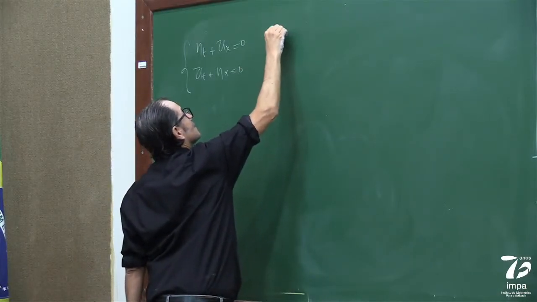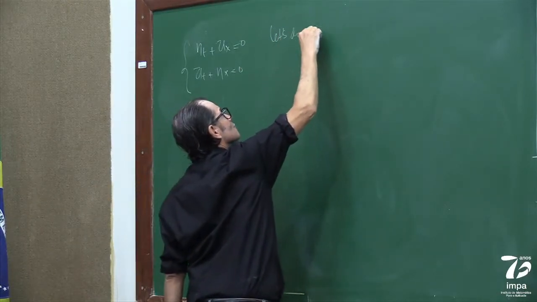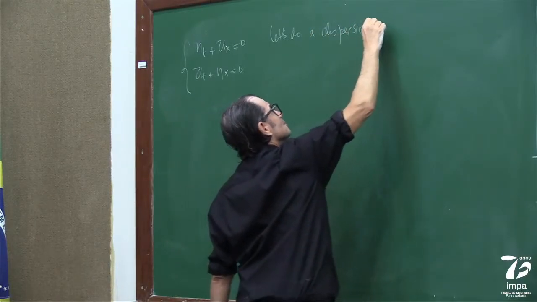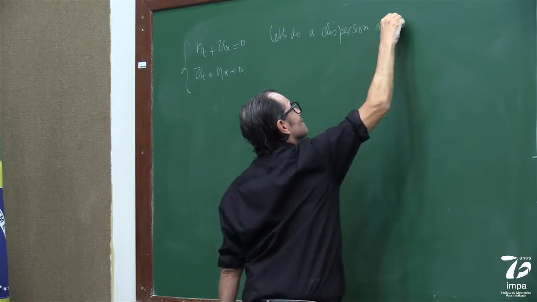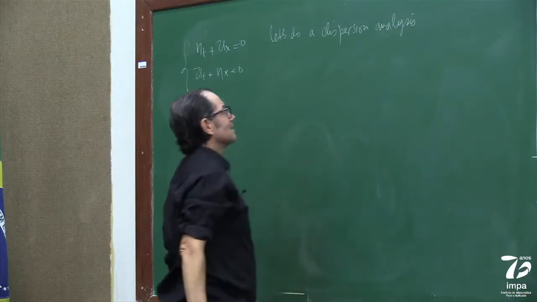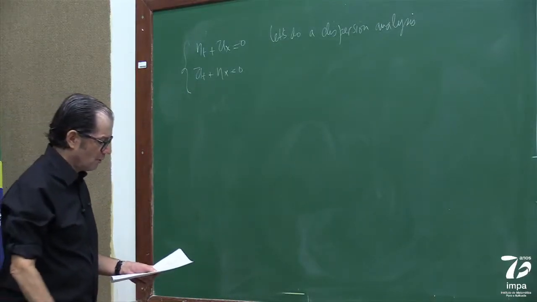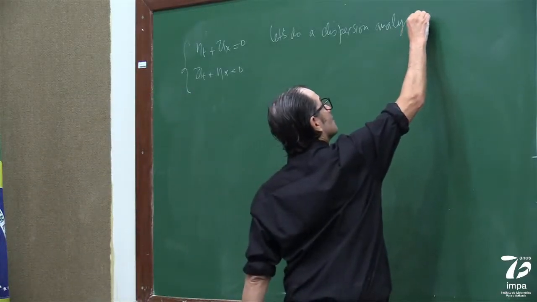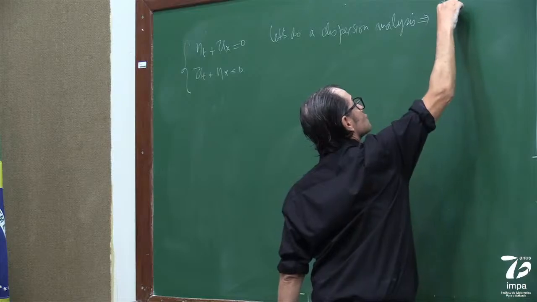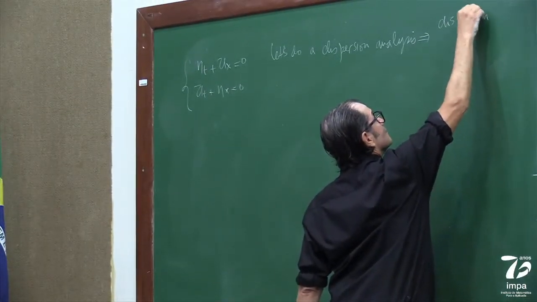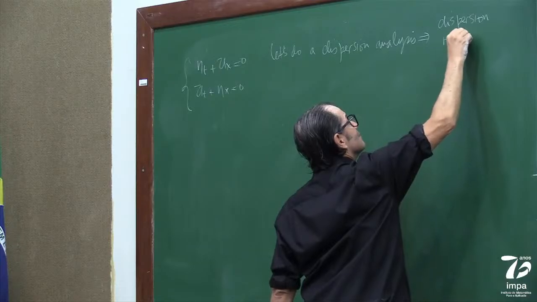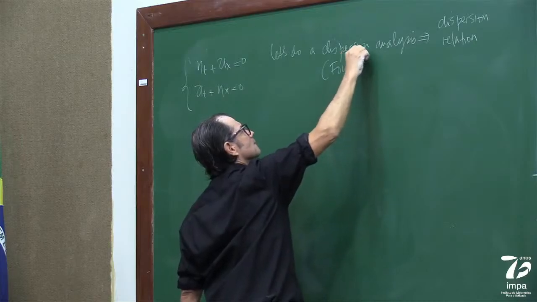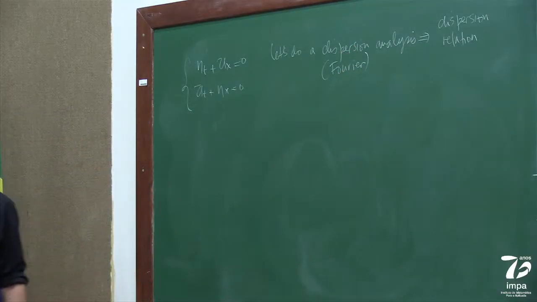And let's do what's called a dispersion analysis, where we're going to get the dispersion relation, which is something we actually do in numerical methods also. And this is basically a Fourier analysis, as you will see.